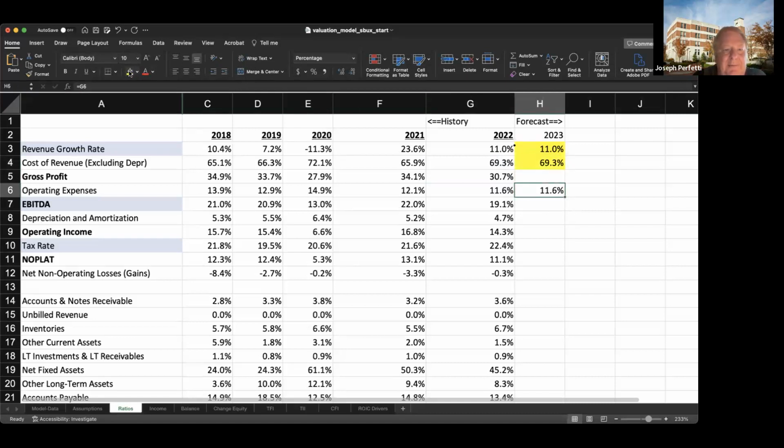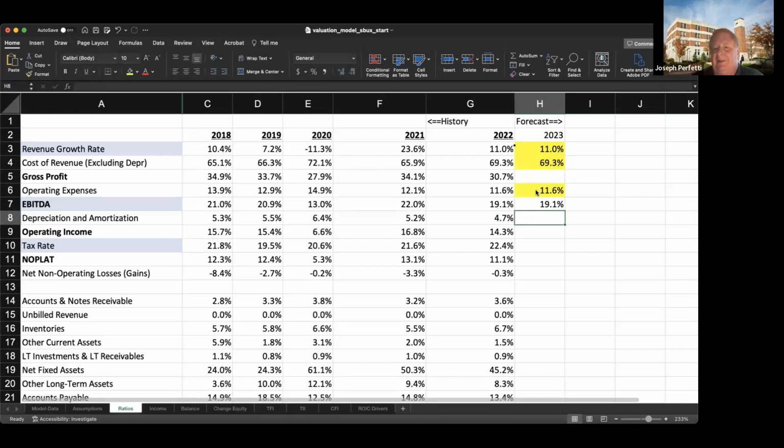And then you would take revenue growth rate minus this, and you would solve for your EBITDA. So equals revenue, which is 1 minus this minus that, and that would be your EBITDA. Okay, that's the way you would do it if you were actually building this model.